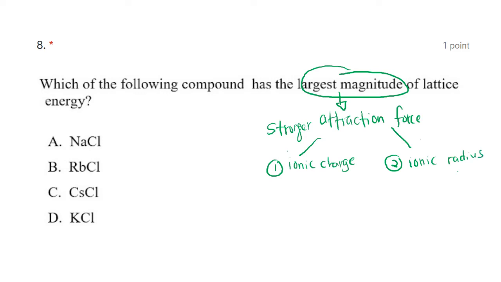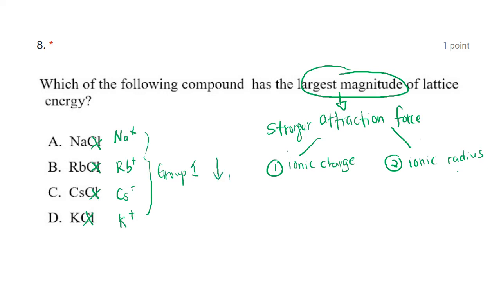So now when we look at option A until D, we are not going to compare the anion because all of these anions are the same. So we're going to compare Na+, Rb+, Cs+, and K+. From here we know that all of them are group 1 elements.